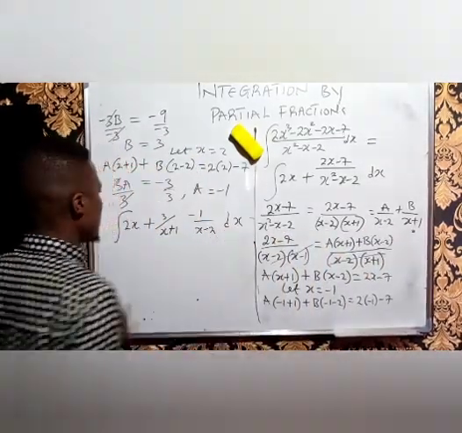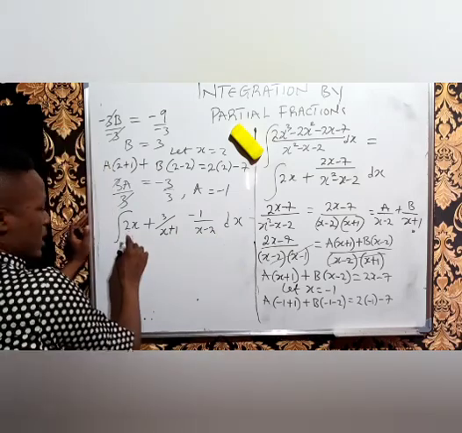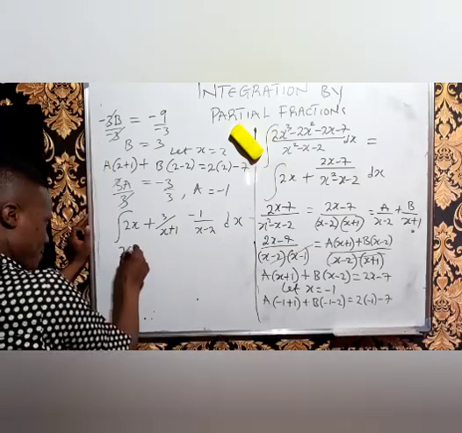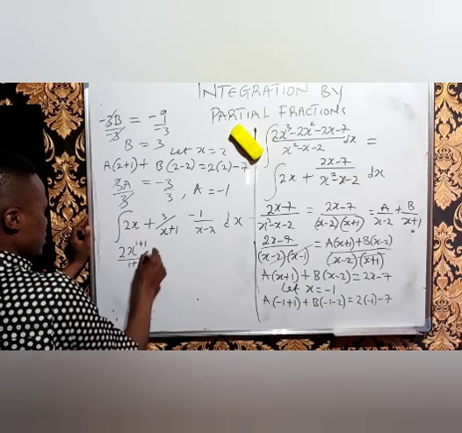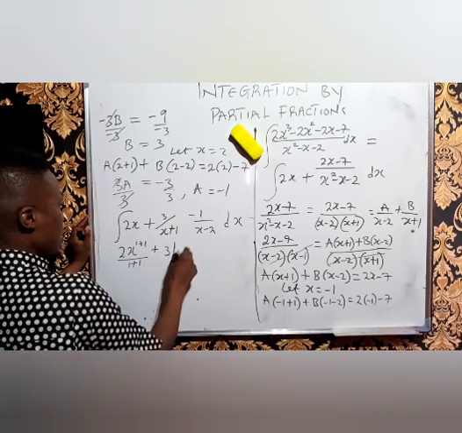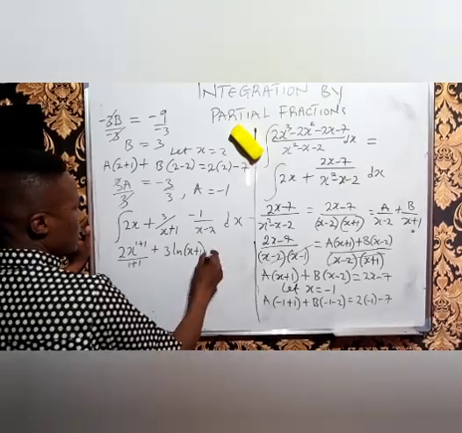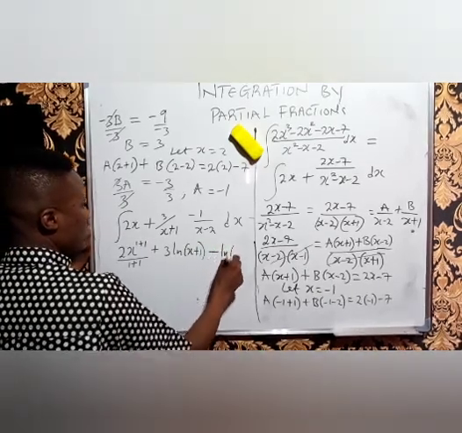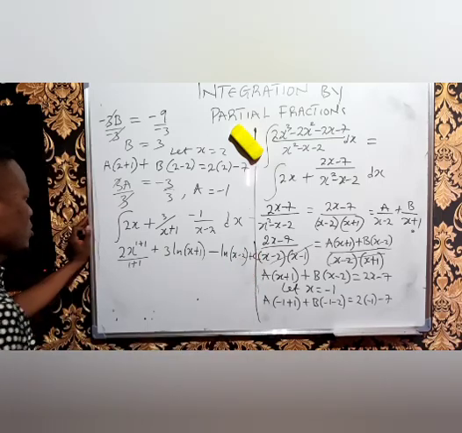Then we integrate with respect to x. If I integrate 2x, I have 2x to the power of 1 plus 1 over 1 plus 1. Plus this one, as usual, I will turn to 3 ln of (x + 1) minus ln of (x - 2) plus the constant of integration.